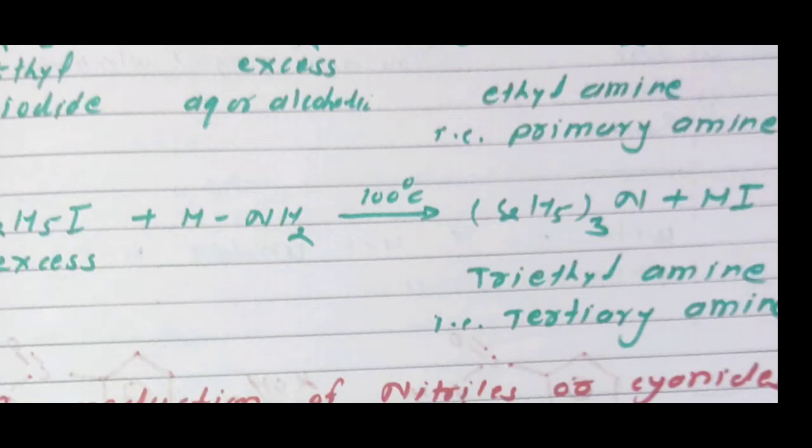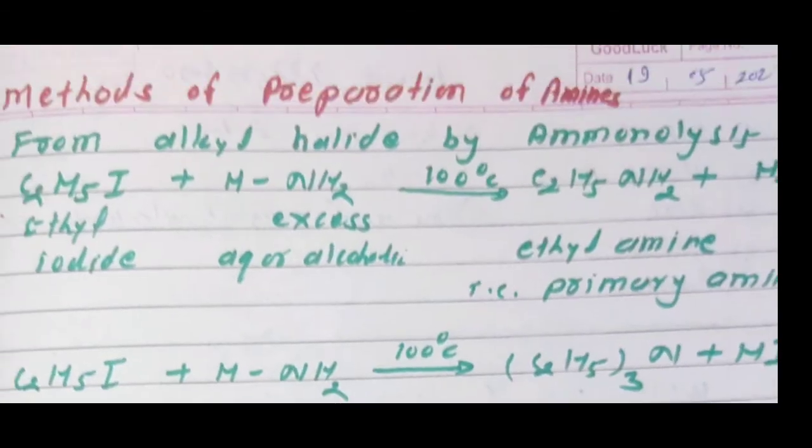In this process of ammonolysis, we first see the reaction. Ethyl iodide, C2H5I, reacts with excess of aqueous or alcoholic solution of ammonia and is heated at 100 degrees centigrade.